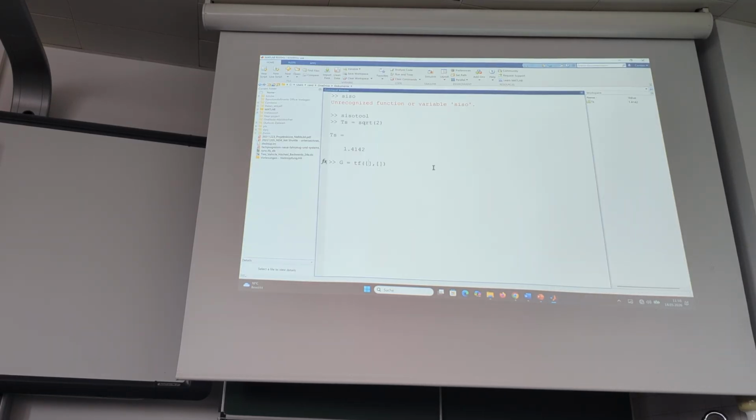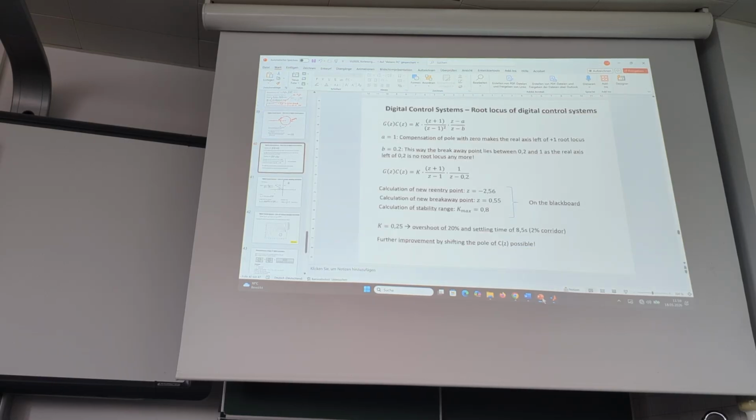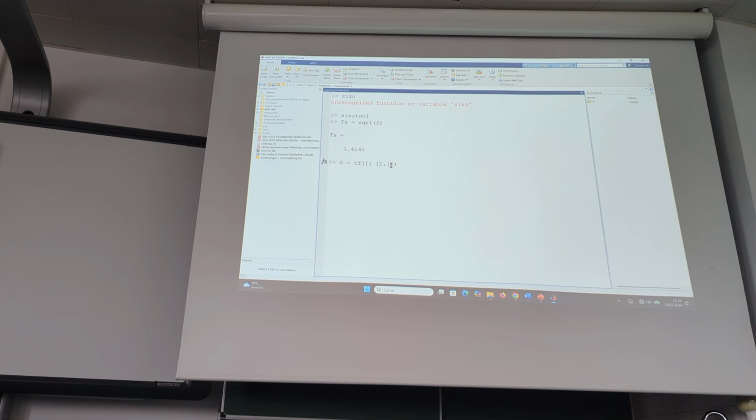So the numerator z plus 1, we have the coefficients 1 and 1. And z minus 1 squared means we have 1 times z squared minus 2 times z plus 1. And the sample time is Ts. Okay, so this is our process plant.